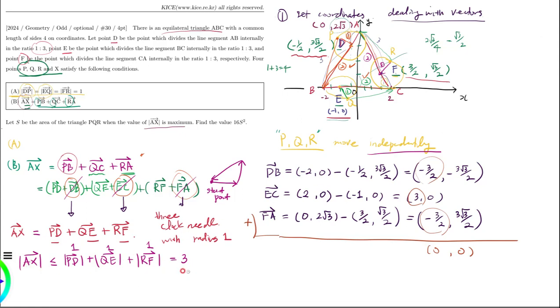So the magnitude becomes 3 when those three vectors are all parallel and denote the same direction.